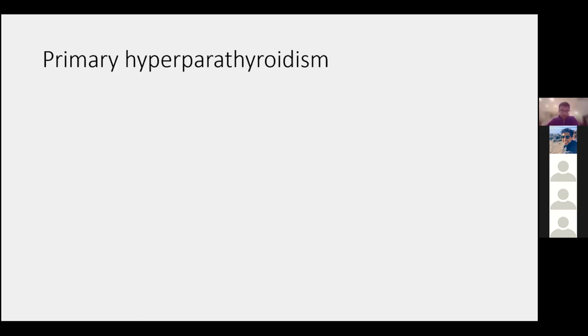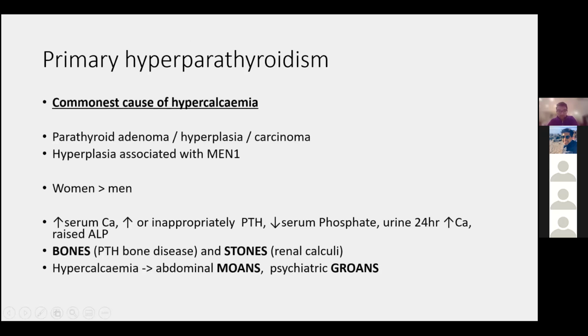Okay, so primary hyperparathyroidism is the most common cause of hypercalcemia. It can be caused by an adenoma, hyperplasia of the gland, or carcinoma. Hyperplasia is more associated with MEN1.